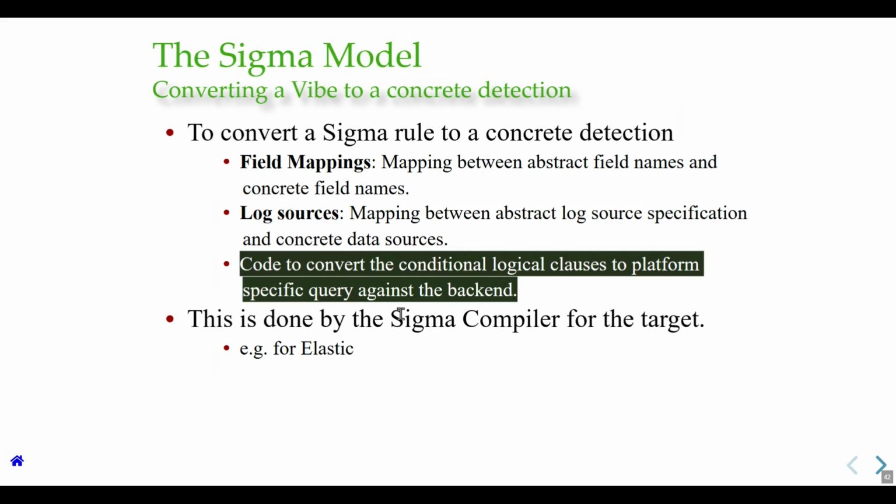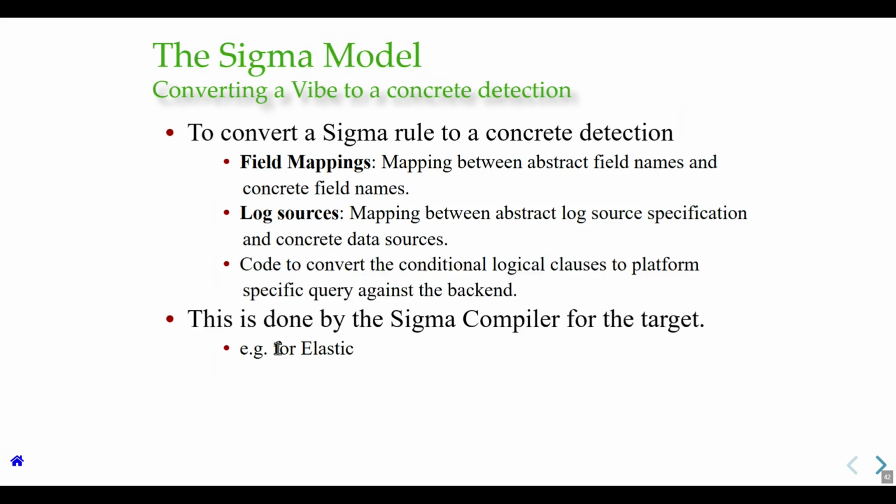For example, if you're using Elastic, where we've already encountered the ECS, Elastic Common Schema, then the Sigma compiler would map the fields in the Sigma rule to a field in the ECS schema, and then generate Elastic queries against the backend to detect those rules, right? So that's what the Sigma compiler is for.